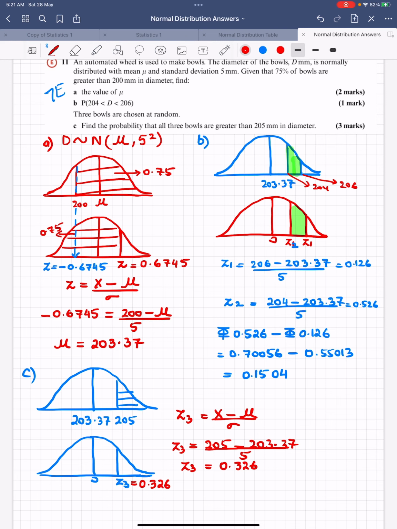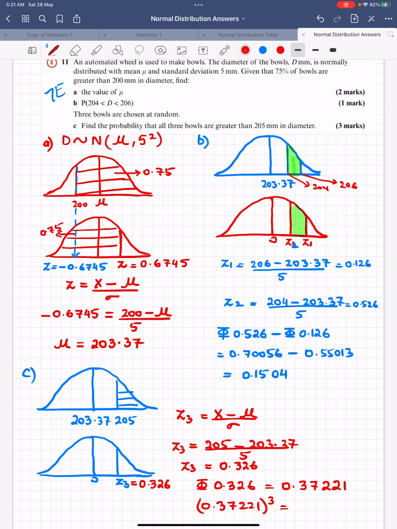The probability is 0.37221. Once that is done, we need to cube the probability, 0.37221 cubed, because all three probabilities are greater than 205.